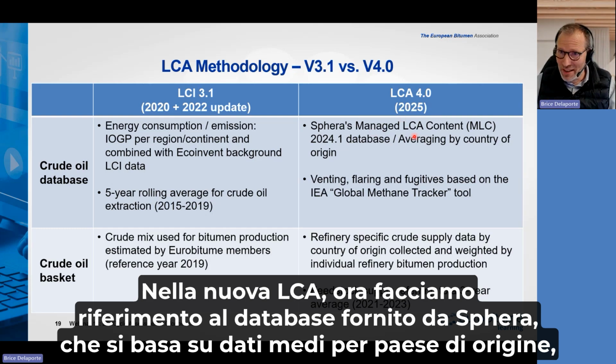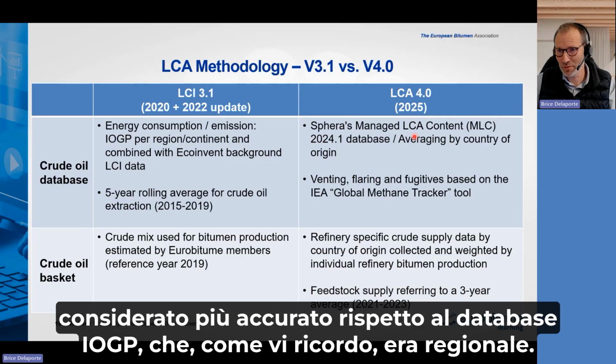So in the new LCA, we are now referring to the Sphera Managed LCA Content Database, which is based on an averaging by country of origin, which is considered as more accurate than the IOGP database, which was, I remind you, at the scale of the region.